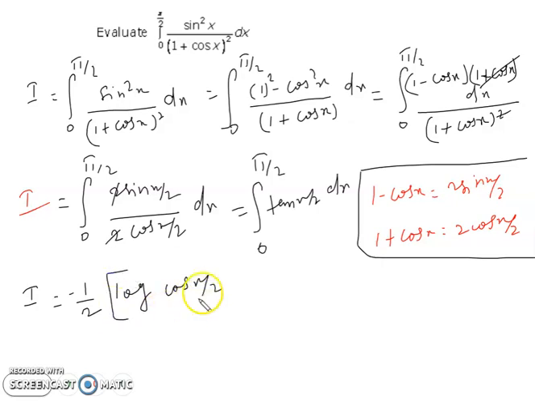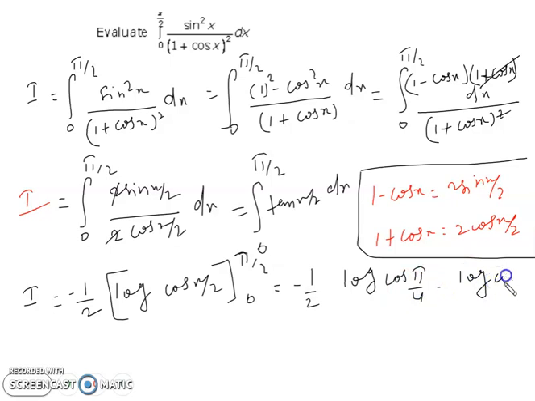Now you have to put the given limits in the function. So minus 1 by 2, after putting pi by 2 it becomes cos pi by 4, so log cos pi by 4, and minus log cos 0.